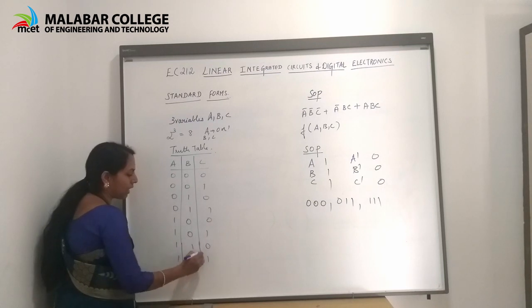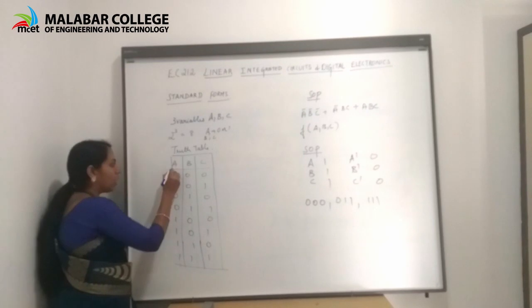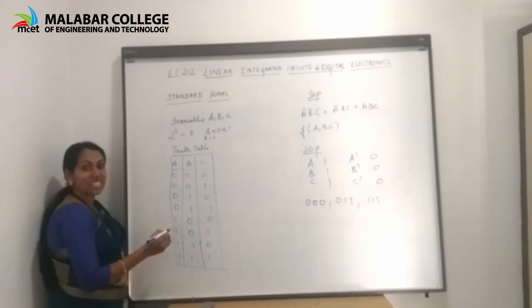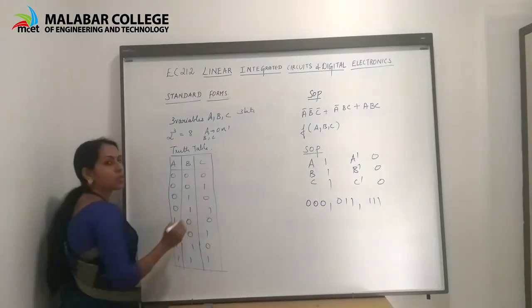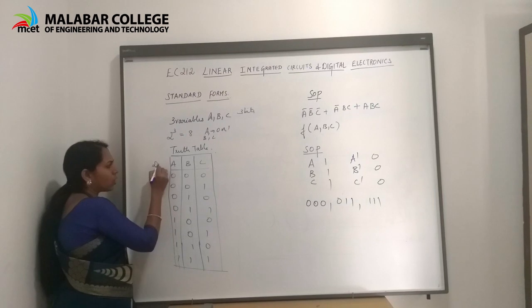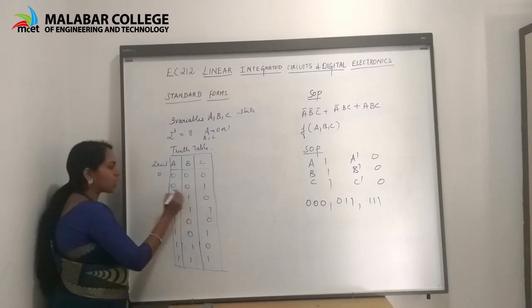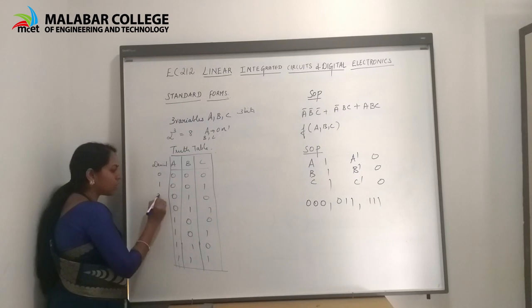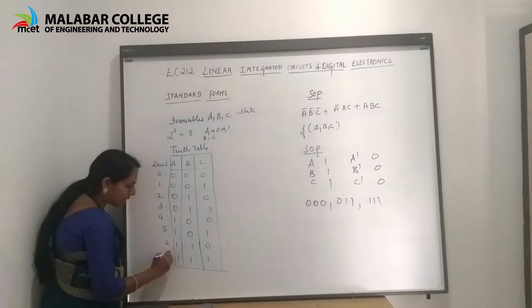These are the 8 combinations possible for 3 variables, or we can even say 3 bits. The variables correspond to the corresponding bit. Now, what will 0 0 0 represent in decimal? In decimal representation it will be 0. 0 0 1 means 1, 0 1 0 means 2. Similarly, 3, 4, 5, 6 and 7.